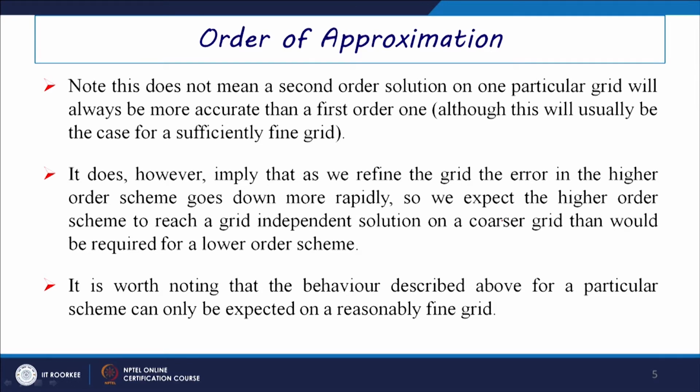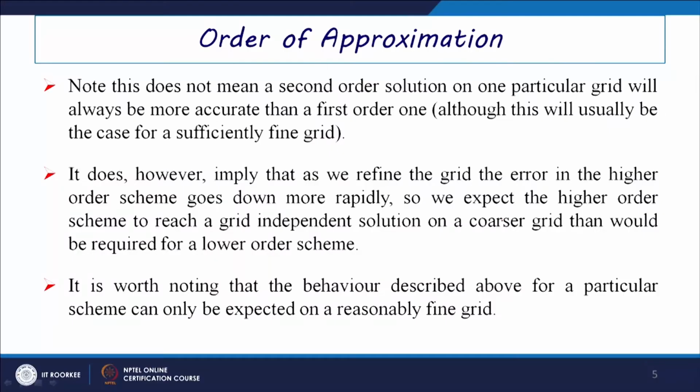So, we expect the higher order scheme to reach a grid independent solution on a coarser grid than would be required for a lower order scheme. Whenever we go for a finer grid solution process, the error will be reduced faster. But if we go for larger grid lengths, then the error will not converge in a smooth form.